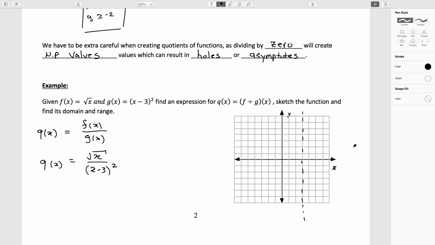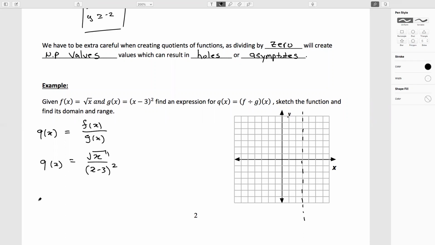The question becomes, what happens on either side of the asymptote? If we look at our x values, figure out our domain, we've got a square root of x again. That's causing a restriction, so x has to be greater than or equal to 0. We can then look at the denominator, and x can't equal 0, so x can't be 3.